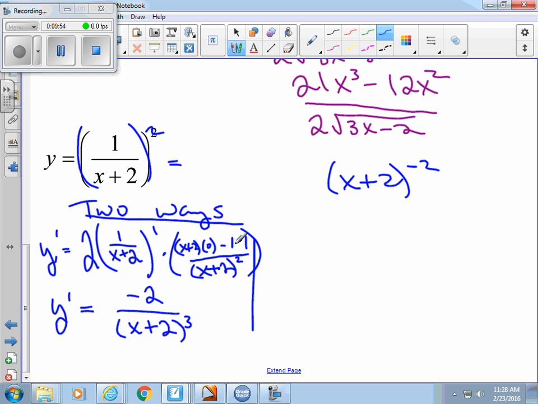Yes. -1 times the 2 is what you have on top. And then on bottom you have x plus 2 times x plus 2 squared, which would give you x plus 2 cubed. Or you could do that this way: -2 times x plus 2 to the -3, which is the same thing.